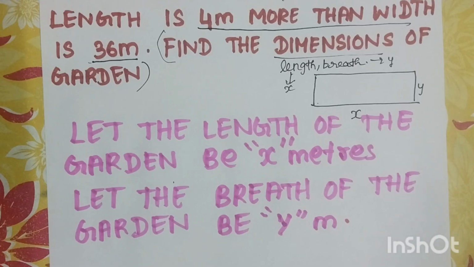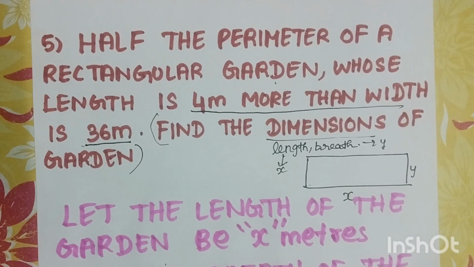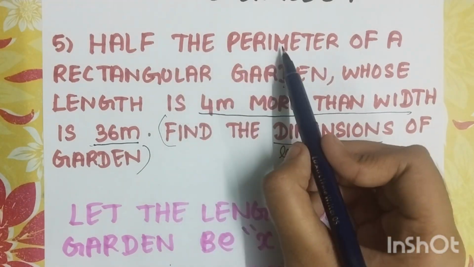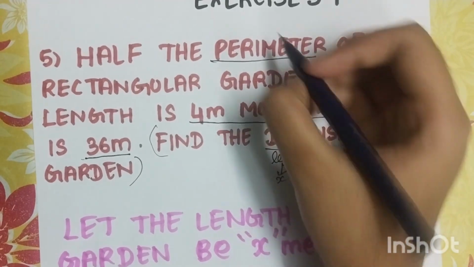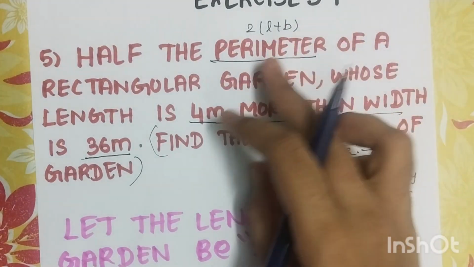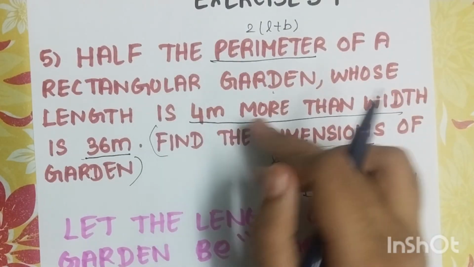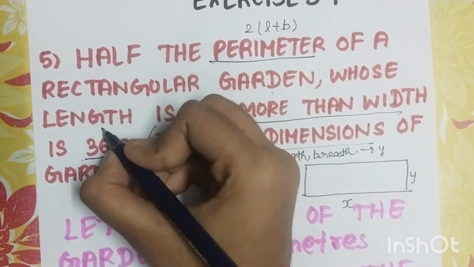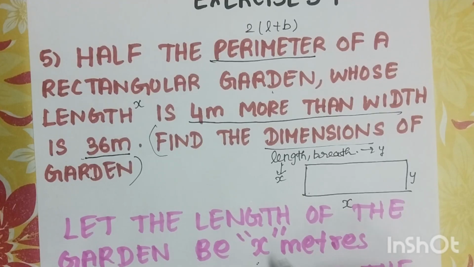Now we want to frame two equations. So we are going to frame them through our question itself. So half the perimeter. First, what is the perimeter of a rectangle formula? It is 2 into L plus B. Remember it. So perimeter of a rectangular garden, whose length is 4 meter more than the width. Length is nothing but x, right? So here I have taken it as x.